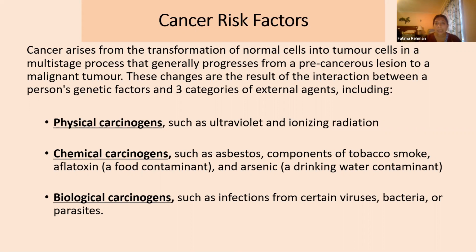Examples of those are chemicals such as asbestos, tobacco smoke, aflatoxin, which is seen in a lot of food contaminants and grains, for example, and arsenic or lead, for example, which can be common contaminants in drinking water. And then finally, biological carcinogens would be bacterial and viral infections, or even parasitic infections, that can affect the DNA by either integrating into the genome or affecting the biology of that cell in a way that can lead you to a higher rate of cancer.